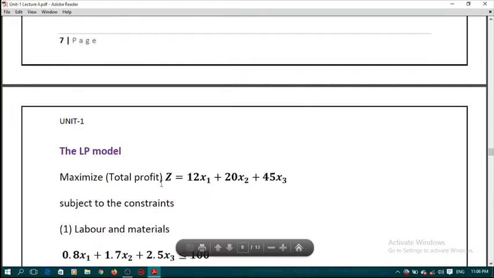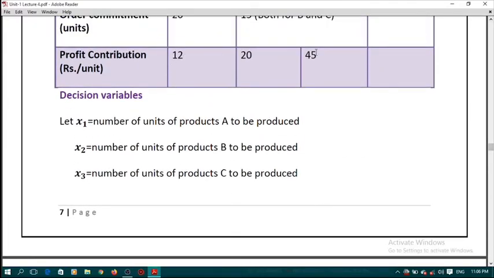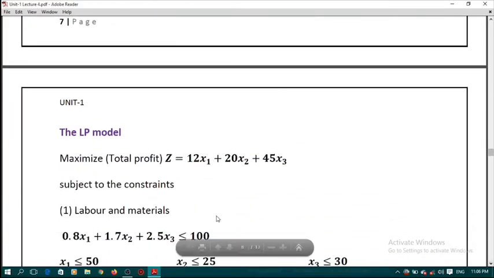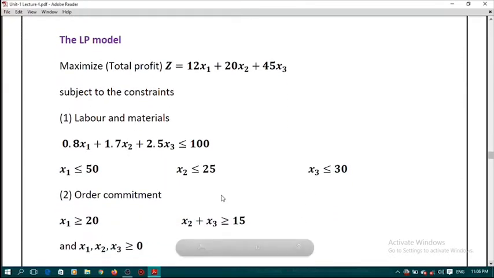So we need to maximize profit. That's why capital Z is equal to, as profit is described in this format, 12x1 plus 20x2 plus 45x3, subject to the constraints. The constraint about labor, meaning man hours, is 0.8 into x1 plus 1.7 into x2 plus 2.5 into x3, which is less than or equal to 100.